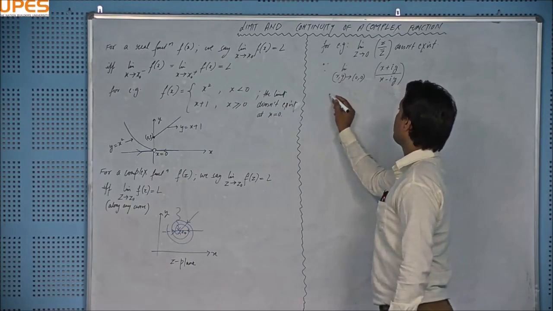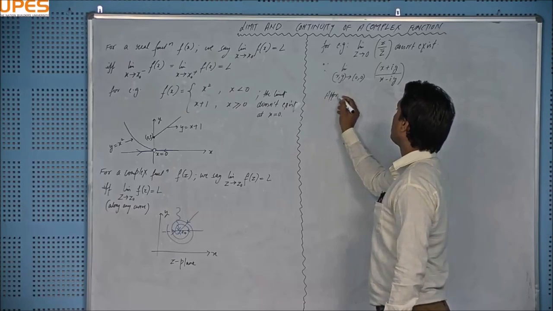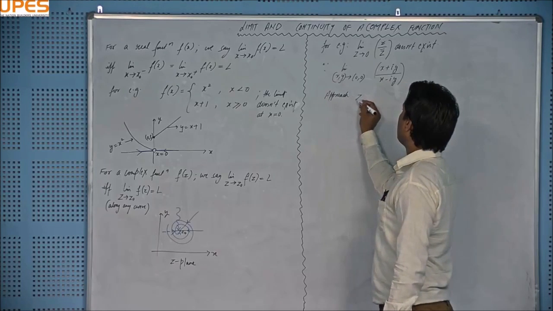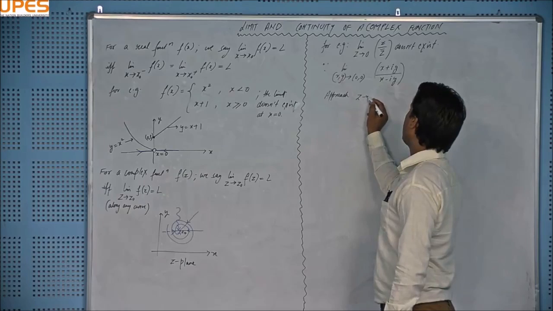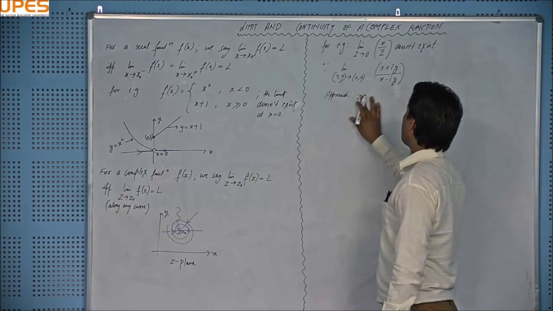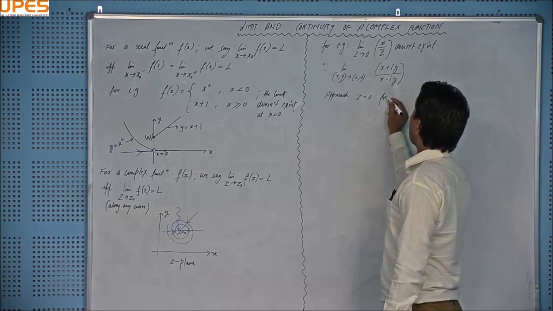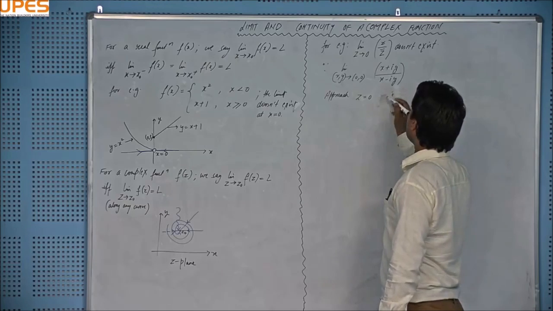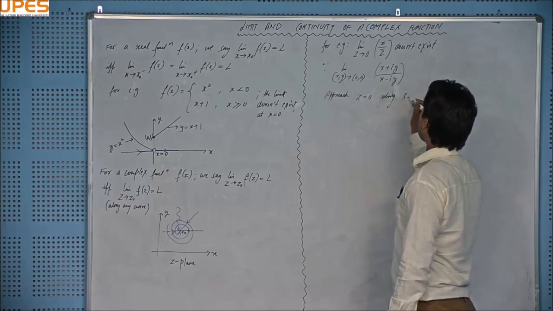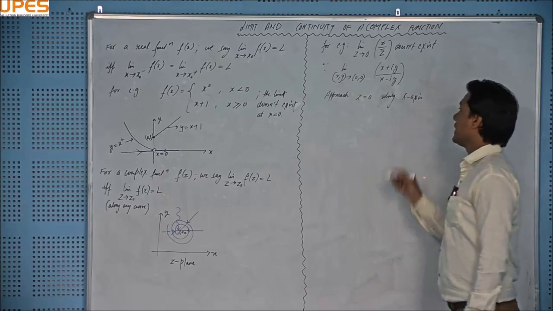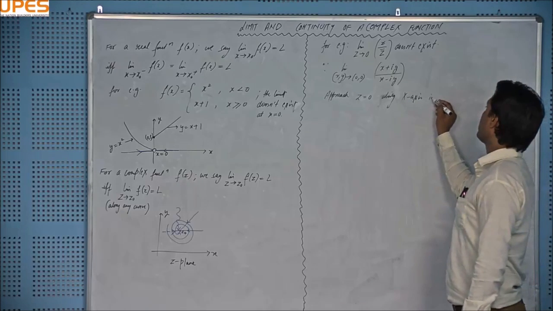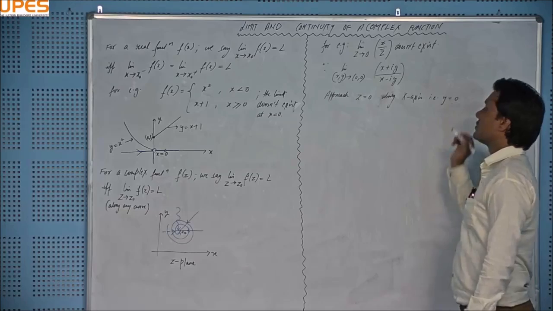So along approach z tends to 0, right, from along x axis, right? And it means that y equal to 0, right?